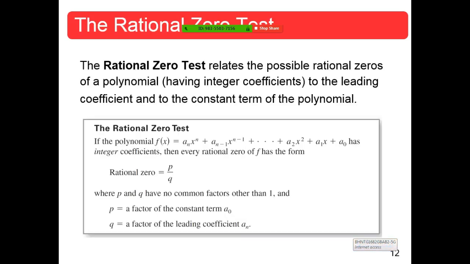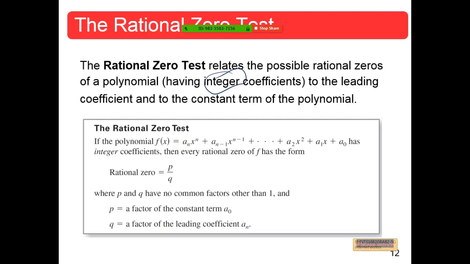So let's move on. The rational zero test relates the possible rational zeros of a polynomial having integral coefficients. Now remember I said just a few minutes ago that if you have real coefficients and you wind up with an imaginary root or a root that has an imaginary component, they always come up in conjugate pairs. That was for real coefficients. Now we're backing off one more step and making integer coefficients.